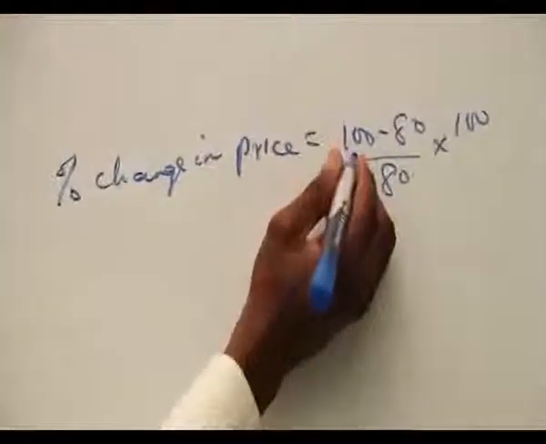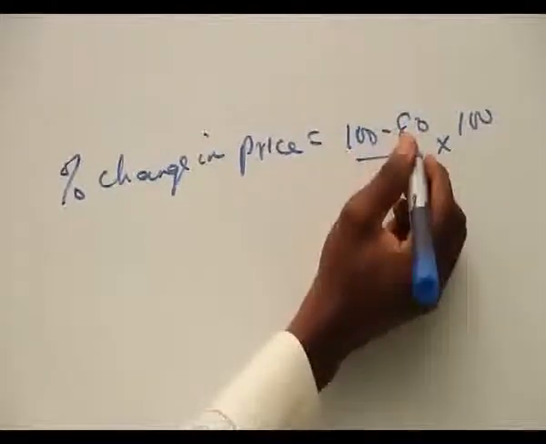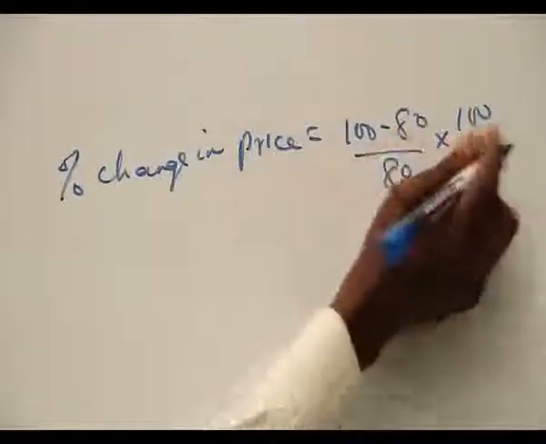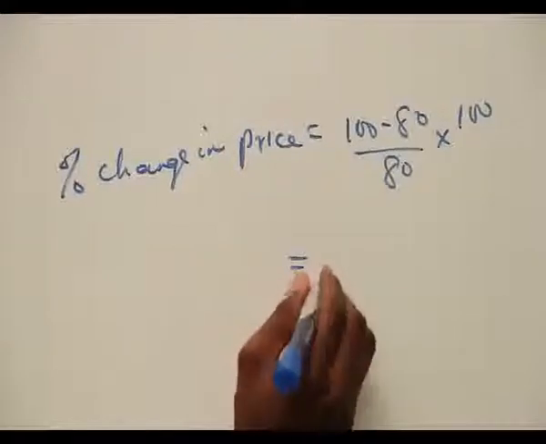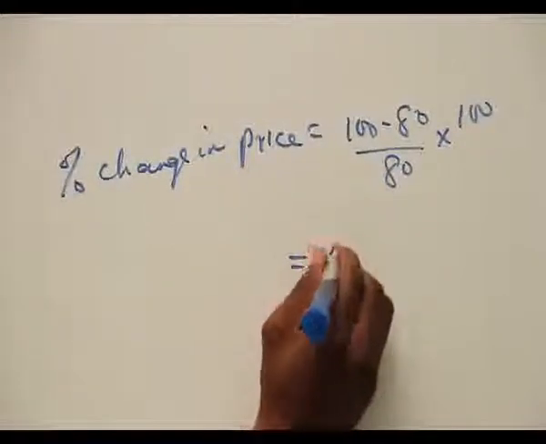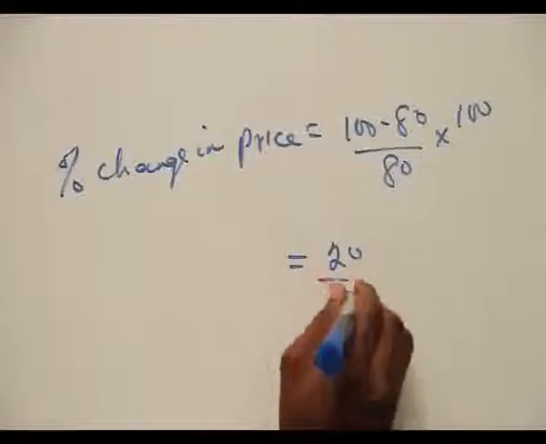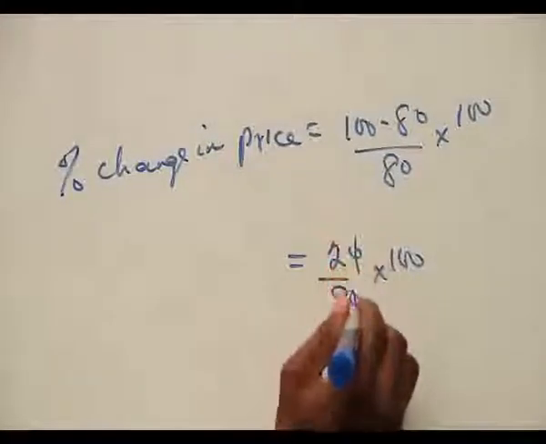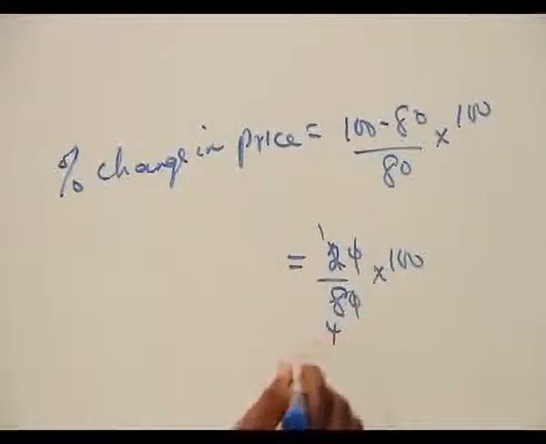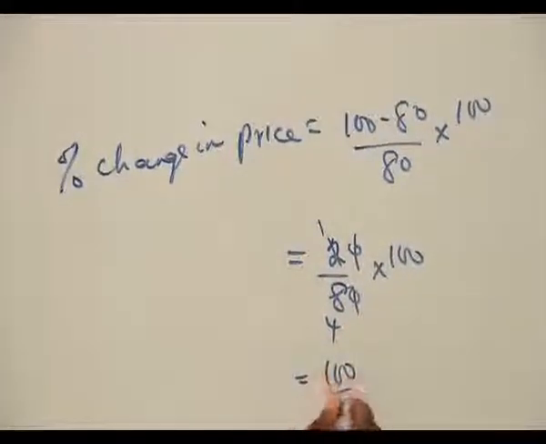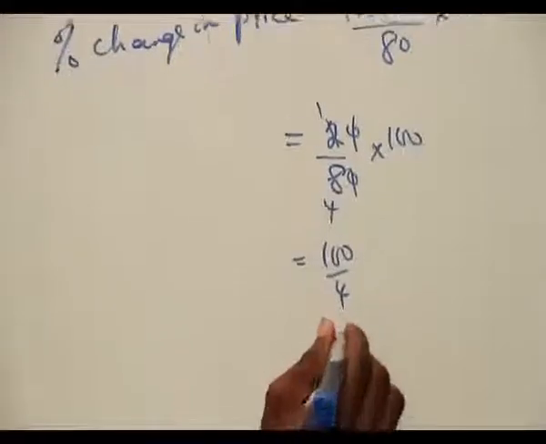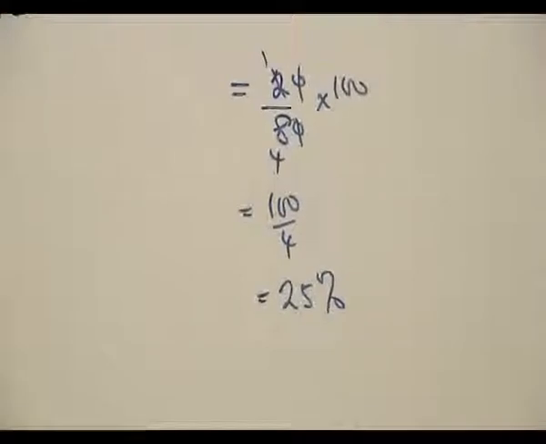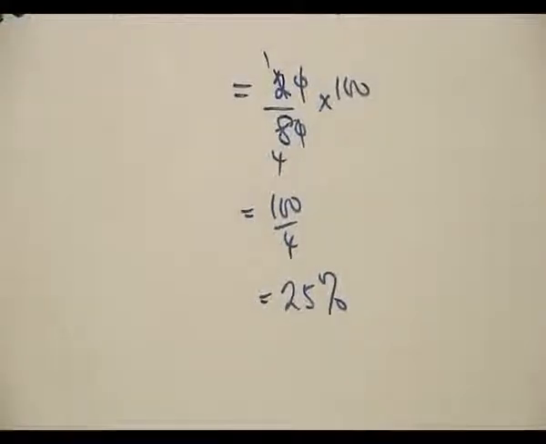The current price is 100 naira, the previous price 80 naira. The difference between 100 and 80 is 20, so we have 20 over 80 times 100. So we have 100 over 4, and we have the percentage to be 25%. That is, percentage change in price equals 25%.